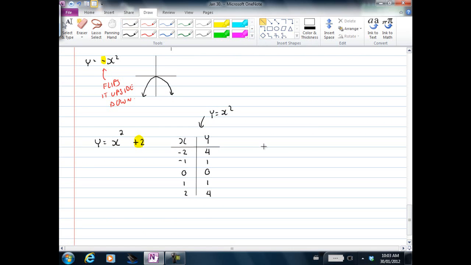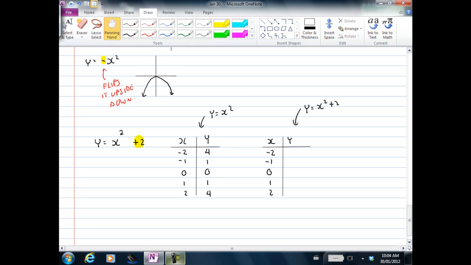Now, I want you to make a prediction. What does that plus 2 do to the y value? My x stays the same. For y equals x squared plus 2, what do you think is going to happen to all these numbers? Predict it and draw a rough sketch for me.